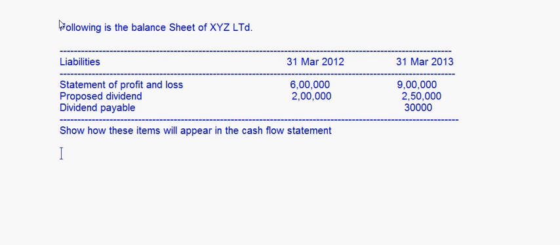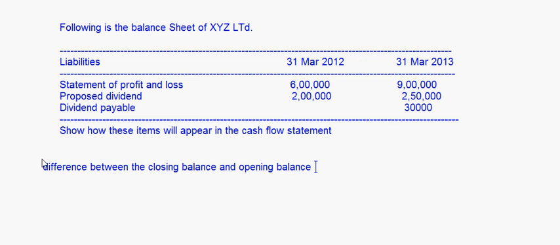Now the first thing that we have to do is we have to take the difference between the closing balance and opening balance of P&L account, profit and loss account, right?